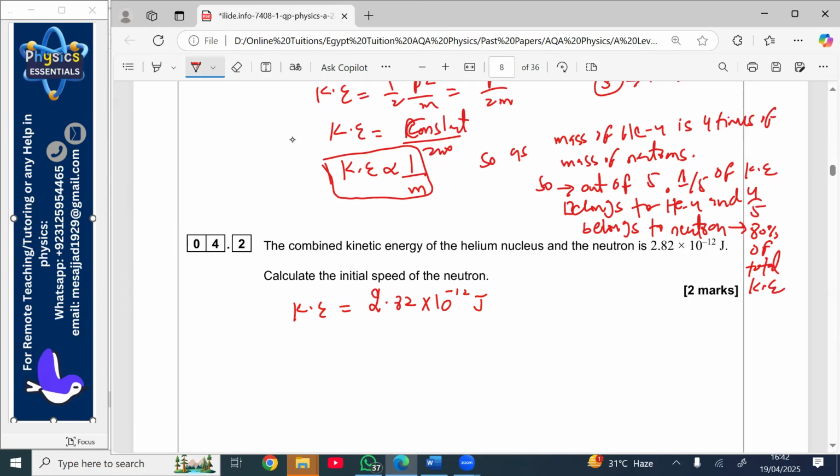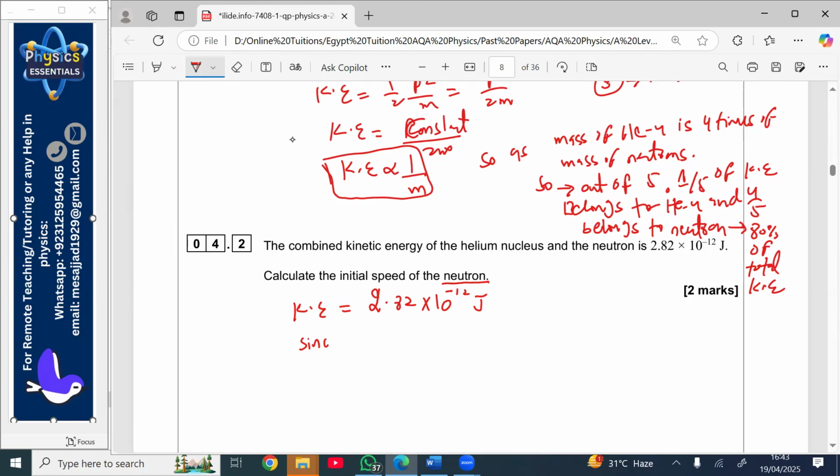Okay. So it is the total kinetic energy of neutron and the helium. But we know that they're talking about the kinetic energy of neutron. So kinetic energy of neutron was 80% of this total.